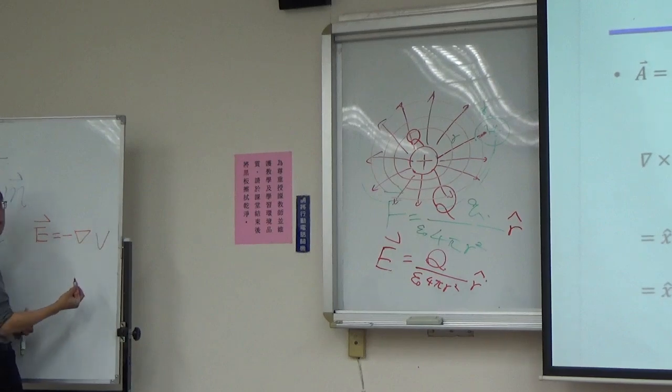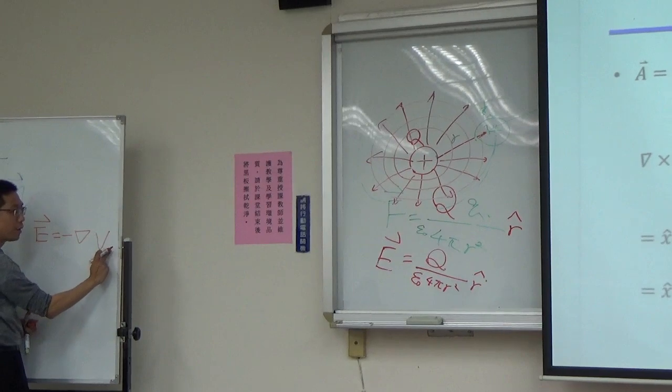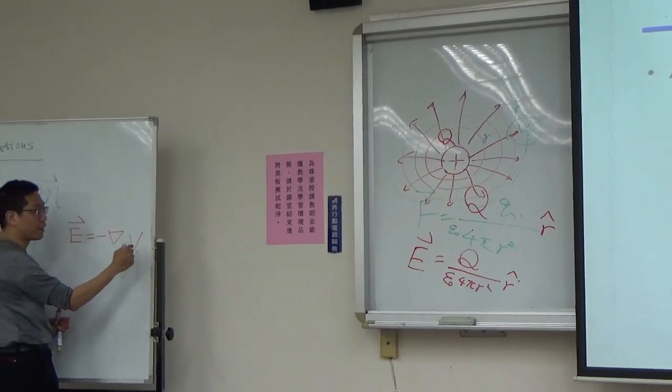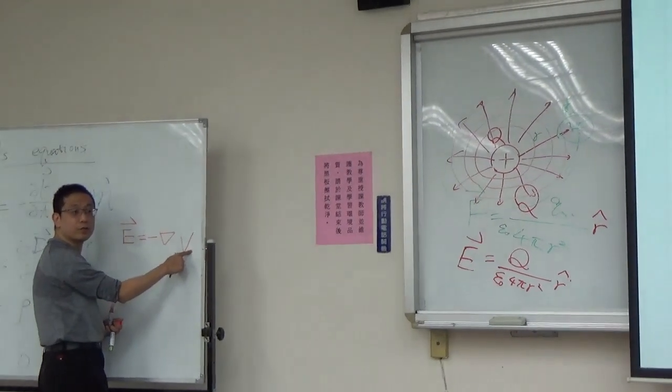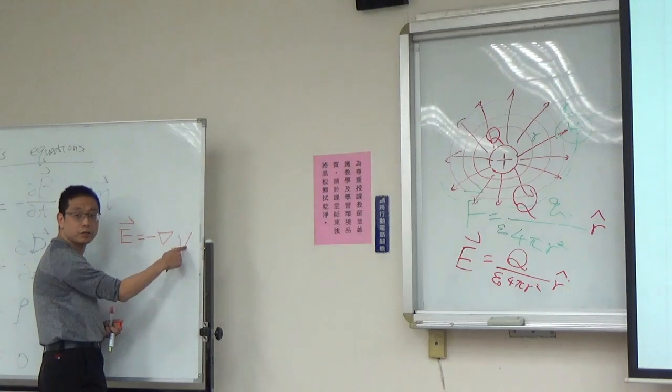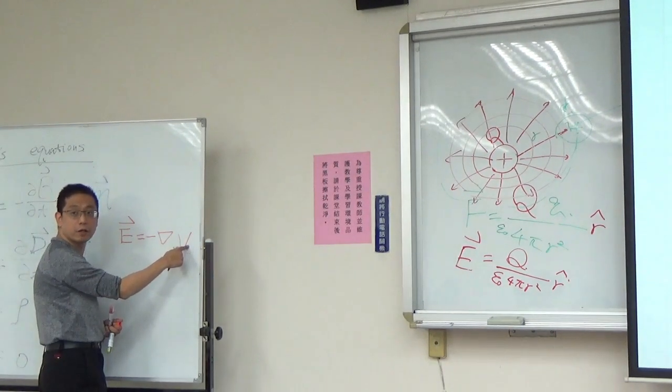V is a function, maybe a function of R, or of X, Y, Z. According to the position, the voltage becomes a function of location.